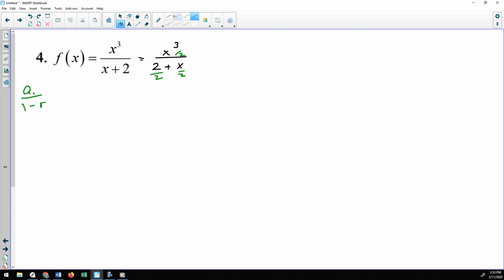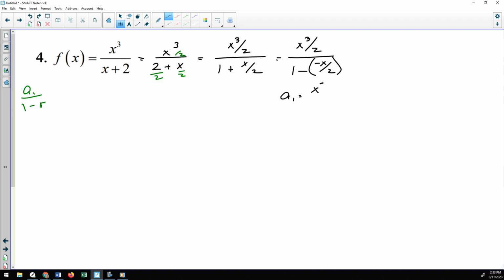And that's going to give me x cubed over 2 over 1 plus x over 2. And then I really want that to be minus. It's supposed to be 1 minus the ratio. So I'm going to change that denominator to 1 minus a negative x over 2. And now I'm looking at that, and I can see that my first term is x cubed over 2.